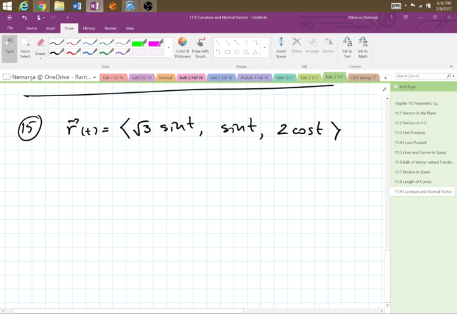Unless I'm missing something. And then you find. So I found the derivative, and then I found the derivative of that. That's gonna be the numerator, and that's the denominator.